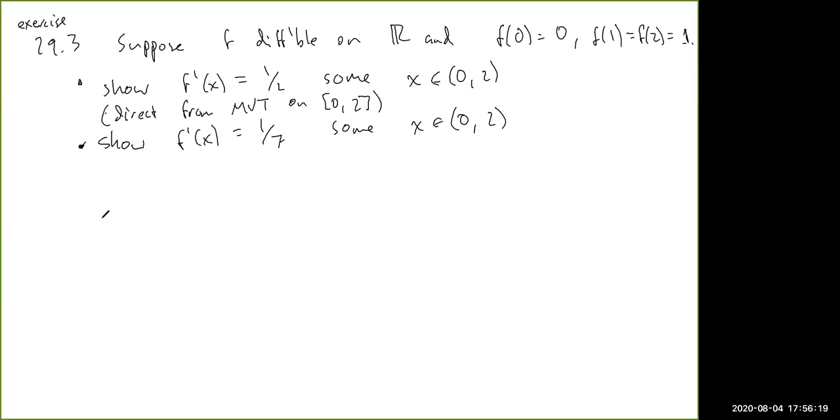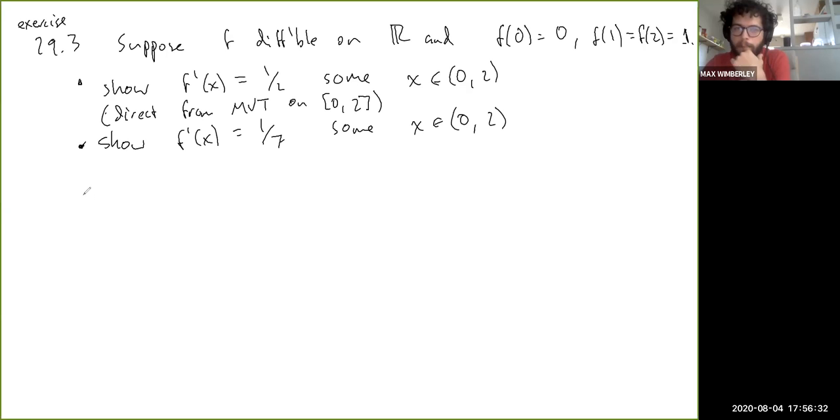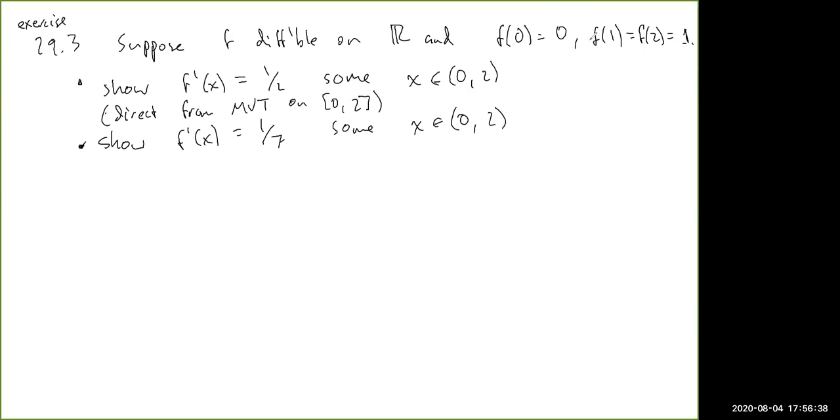I think use f of 1 and f of 2 and find some mean value there, and then the mean value in another one, and then somehow come to 1/7 from finding a whole bunch of mean values of the mean value. Yeah, that's kind of on the right track.